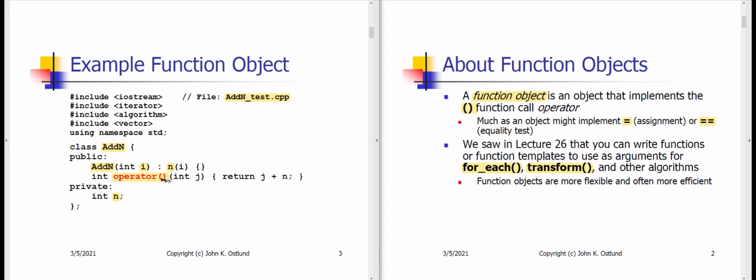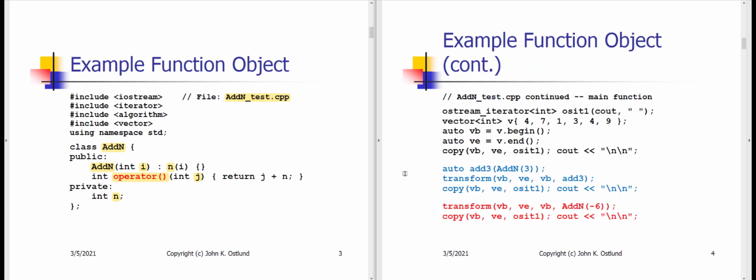So this may look pretty strange: open and close paren followed by another set of open and close paren. The first open and close paren is the name of our operator function. The second open and close paren contains the argument. And all this function call operator does is compute the sum of the value passed in plus whatever value is stored for n. All right, so I think that's confusing enough. Let's see it in use.